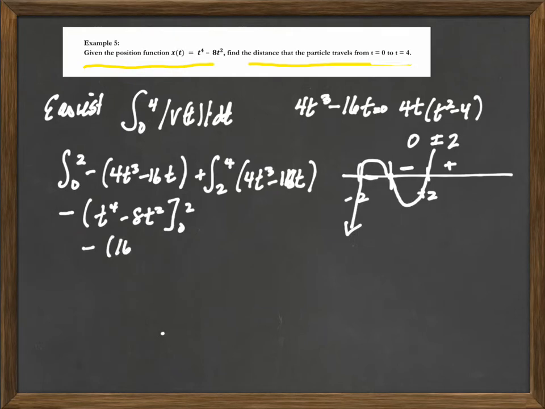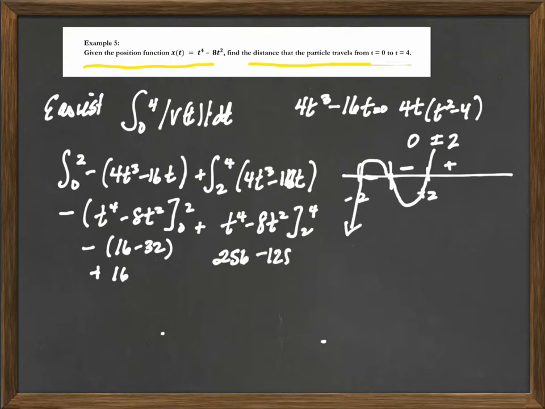which gives you a negative of a 16 minus 32, which is a positive 16, because of the negative. And you're adding that, so this would be the same thing, t to the 4th, only it's positive, minus 8t squared from 2 to 4. And so you get 256 minus 128, that's the 4, minus a negative 16.